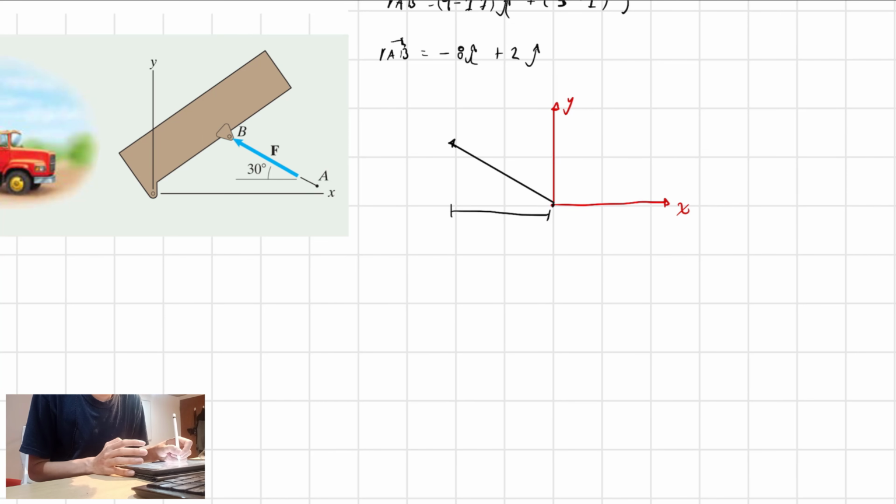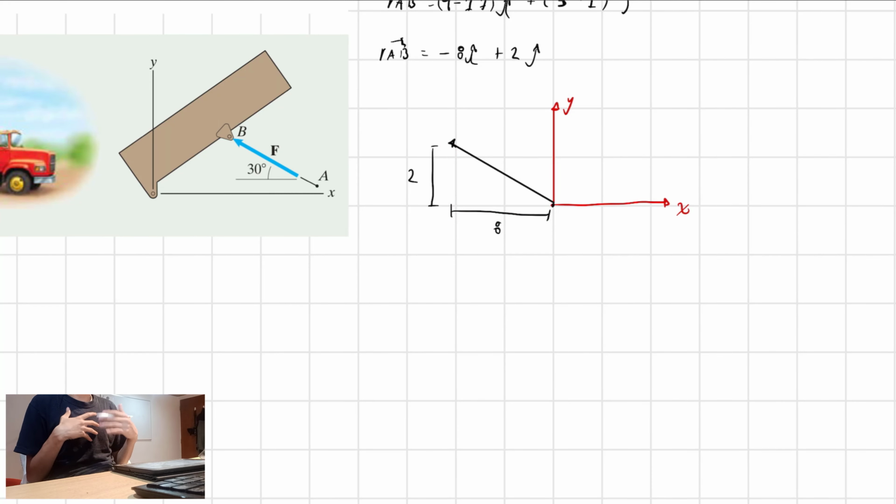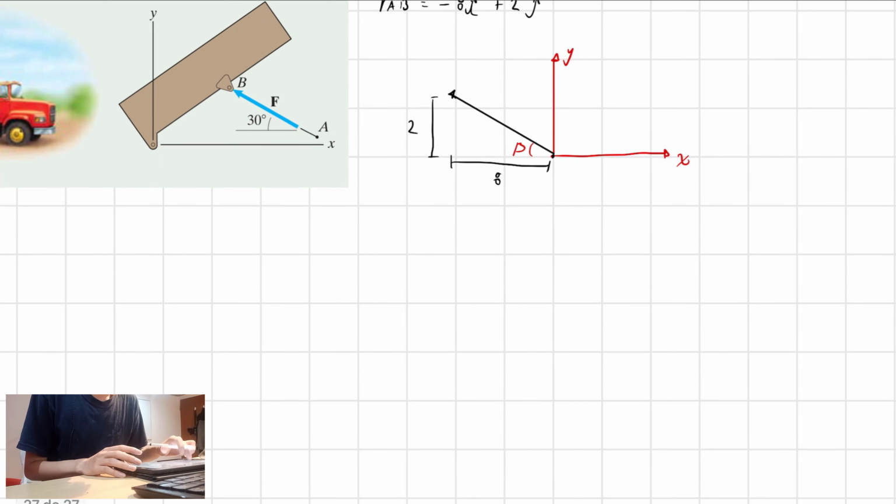Because right here we have 8 units and right here we have 2 units. Positive, negative. That is why this is in this position. Now, why am I doing this? Because I need the angle. Which angle? We are going to call it, for example, beta. I'm going to explain later why I need this angle.